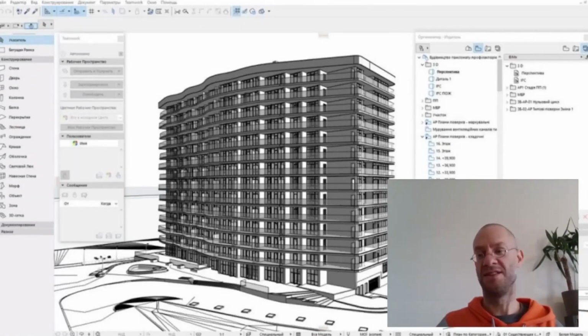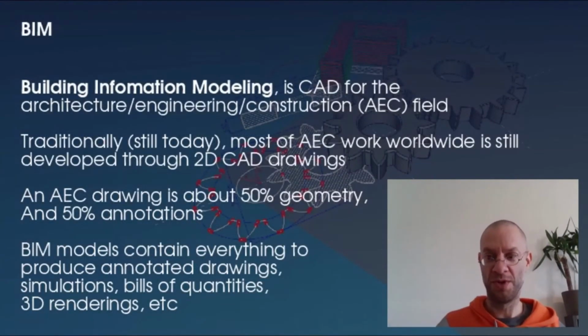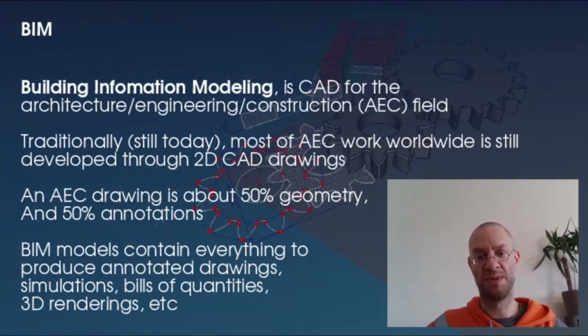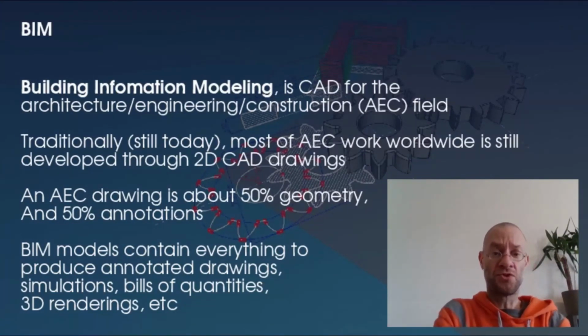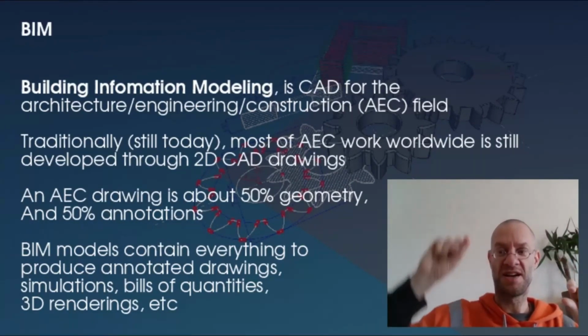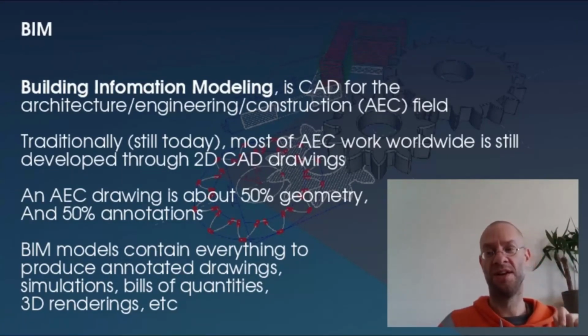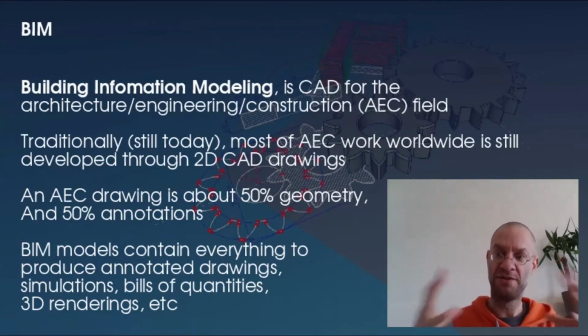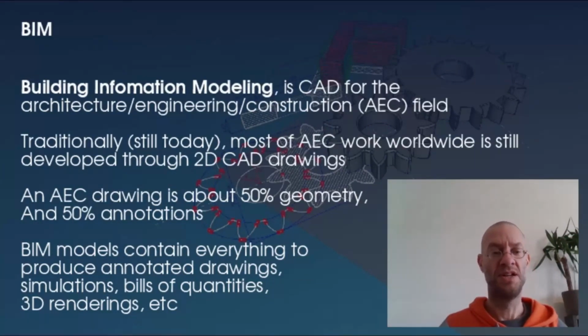It's still something made by humans, so drawings are still a way we communicate to those people what needs to be built. A drawing is about 50% geometry and 50% annotations. This is the size of this thing, this is the size of that, this is made of that material, this should go before that, that kind of information, which is not just lines and geometry.